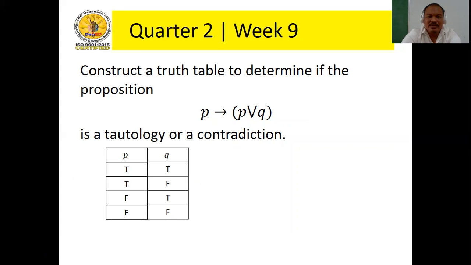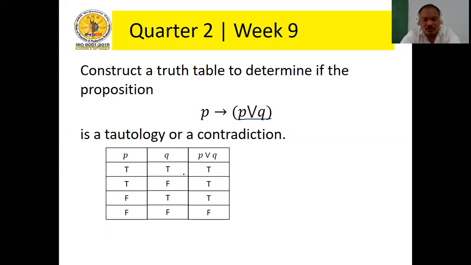And we are going to establish P or Q. This or is what we call disjunction. As we know from week 7, for P or Q, as long as we have a true, the statement will become true because of the presence of or.